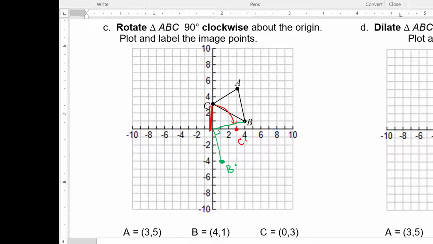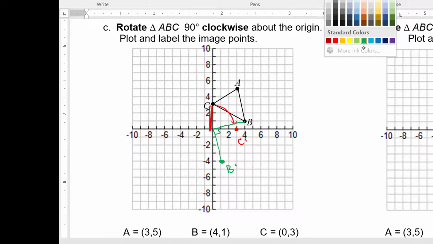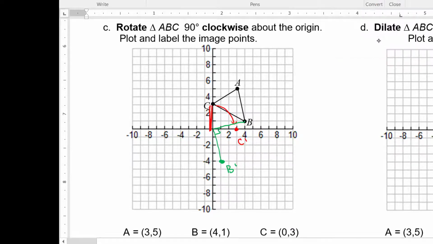And then lastly, if I take my A, it starts at 3, 5, so I'm going to go 5, 3, something like that right there. And that's going to be my A prime. Connect the dots, and that's my new triangle, rotated 90 degrees clockwise around the origin.